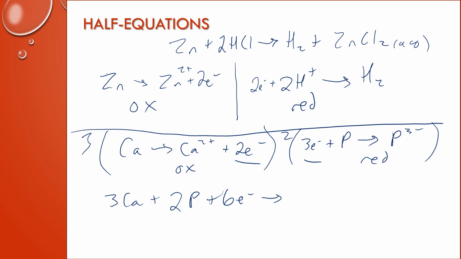And the product side, I've got 3 calcium ions, 6 electrons, and 2 phosphorus ions. Well, then the electrons are the same on both sides, so I can ignore those. So my final overall reaction is the 3 calcium atoms plus 2 phosphorus atoms yields 3 calcium ions plus 2 phosphorus ions, phosphides.